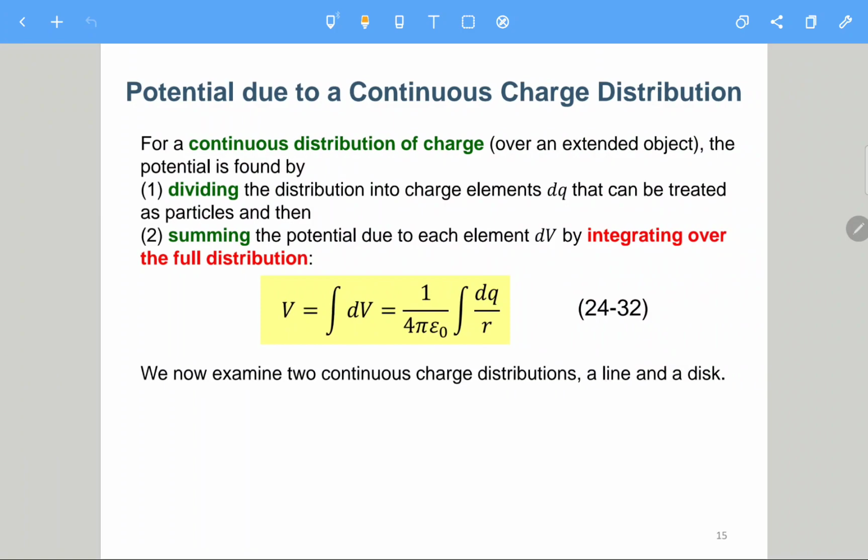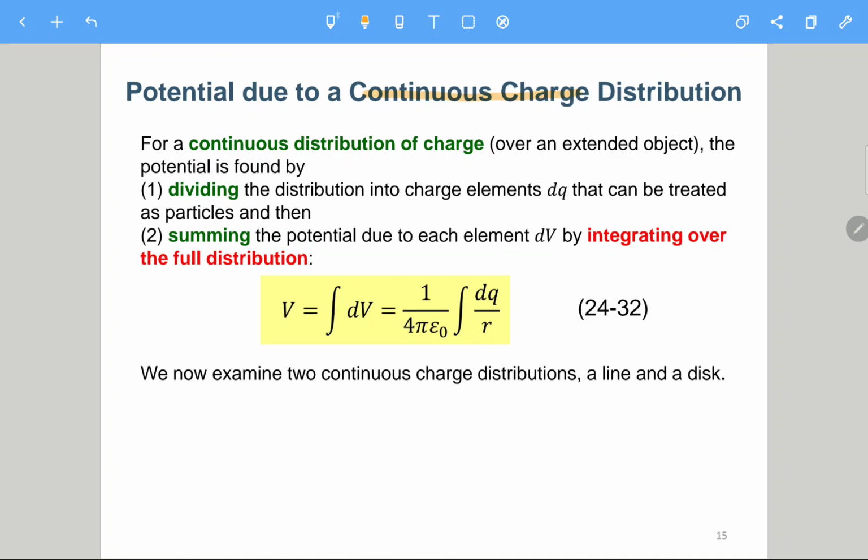So similarly, we consider the potential due to continuous charge distribution. Now we cannot use simply the algebraic sum for the total potential.